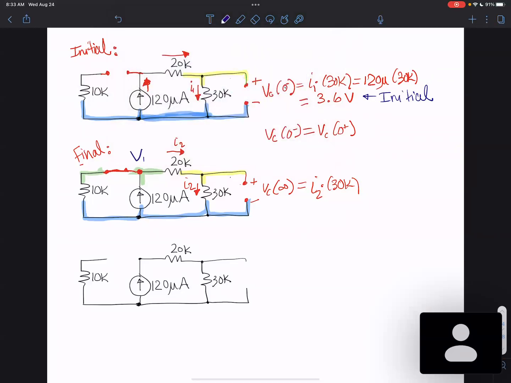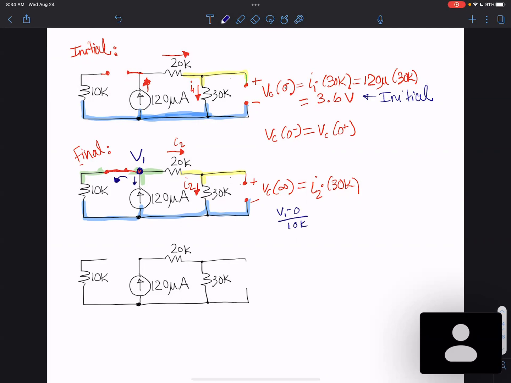I would call this V1. And so my node voltage equation here, for this current branch, would be what? What would be the description for that one? V1 minus 0. Correct.